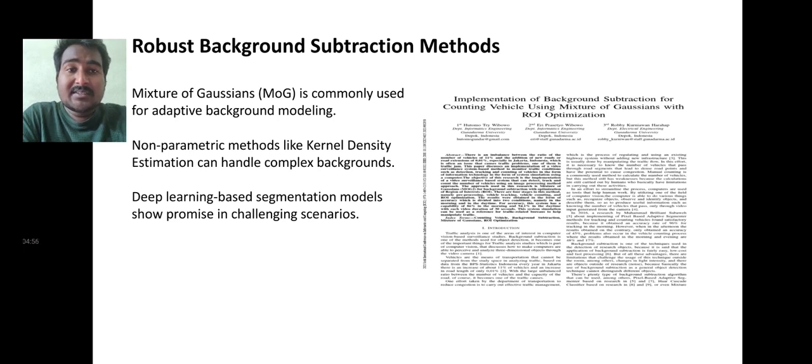Deep learning based segmentation models show promise in challenging scenarios. There is research paper information about the implementation of background subtraction for counting vehicles using mixture of Gaussians with ROI optimization. This is for the references, just go through that for good information.